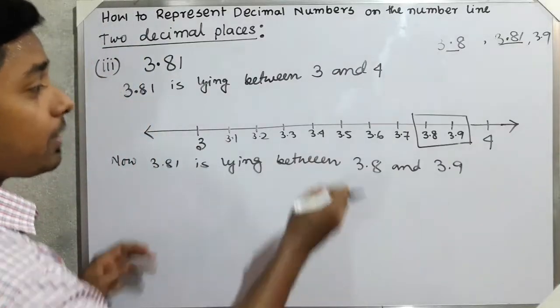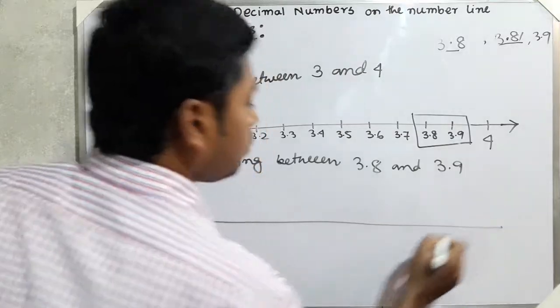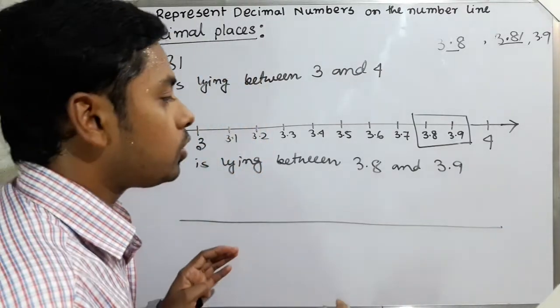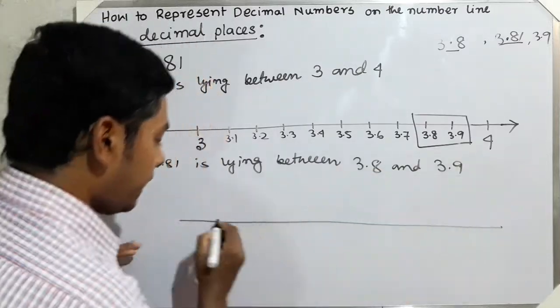Now अब क्या करना पड़ेगा, सेम स्टेप जैसे यहाँ पे किए थे. Now we have to take the distance from 3.8 to 3.9.